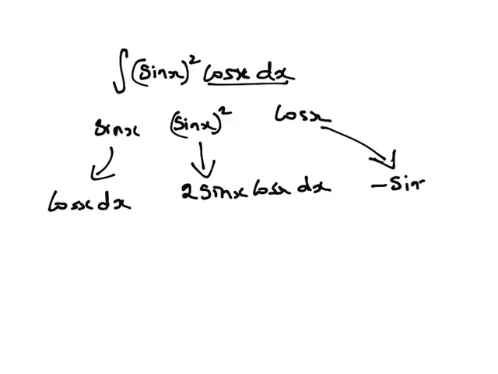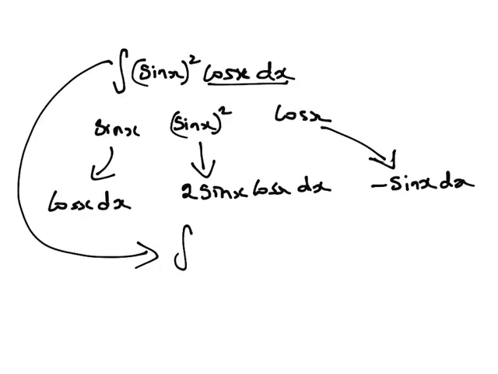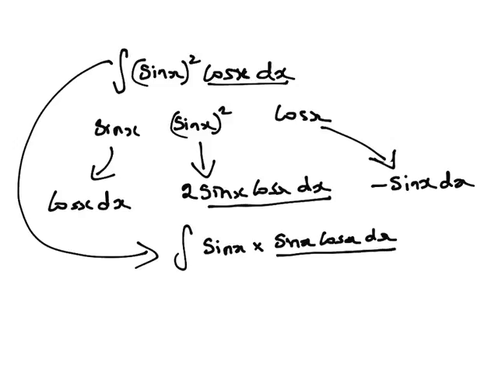So you may ask me, sir, sin x the whole square cos x dx can be rewritten as sin x into sin x again cos x dx. Then you may ask me, sir, why can't I write like that? If, for example, I have sin x cos x dx, which is dt by 2, so I can write this as half dt.